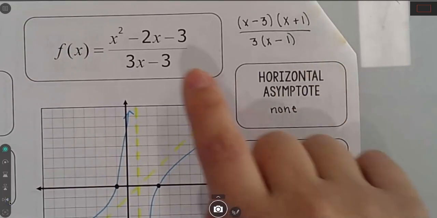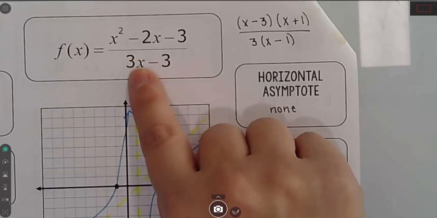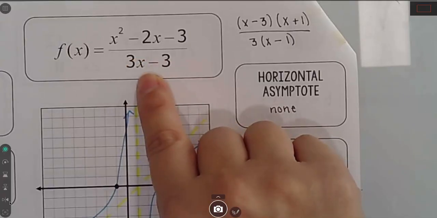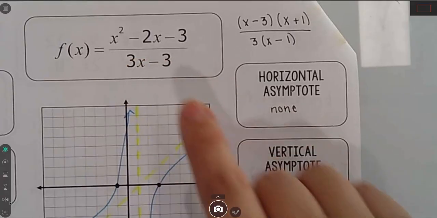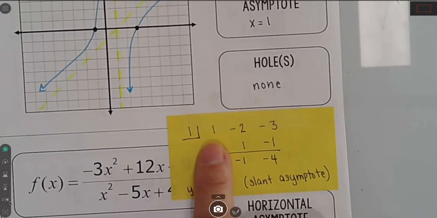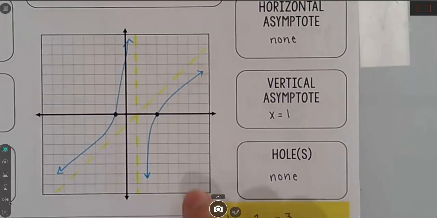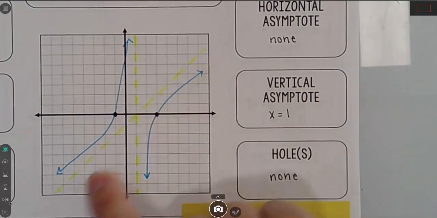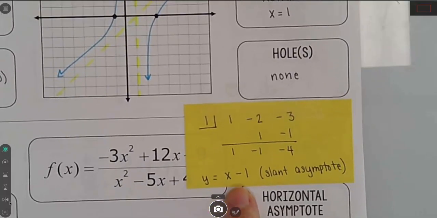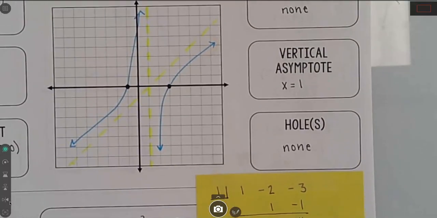If we're dividing by this, if you set this equal to 0 and solve for x, you're going to get x equals 1. So we put 1 in the box, put the coefficients in here, do synthetic division, and y equals x minus 1, that's going to be our slant asymptote, because negative 4 is the remainder. So there's a vertical asymptote here, and a slant asymptote along the line y equals x minus 1.